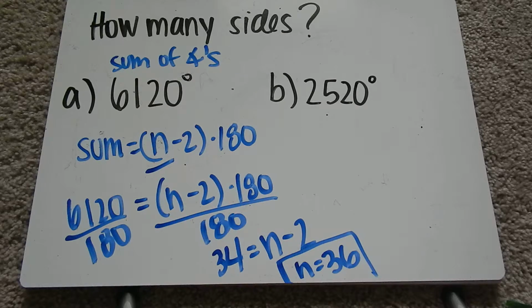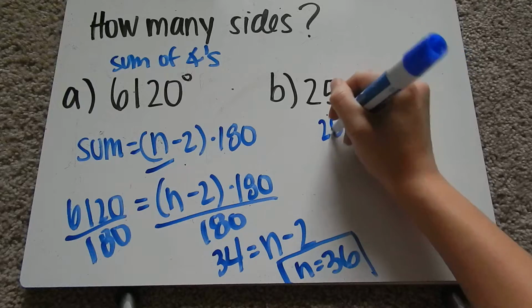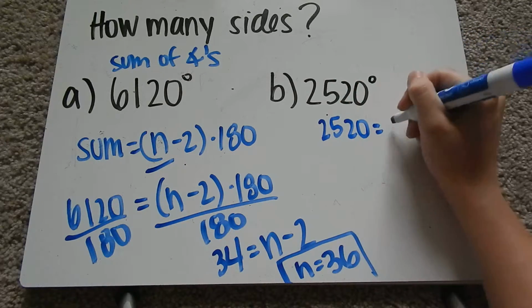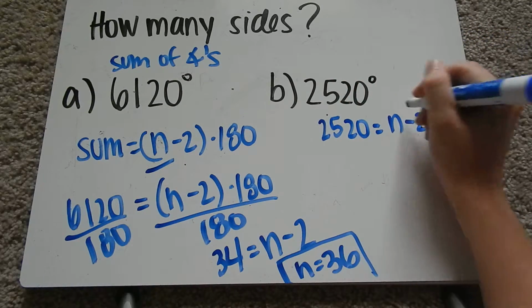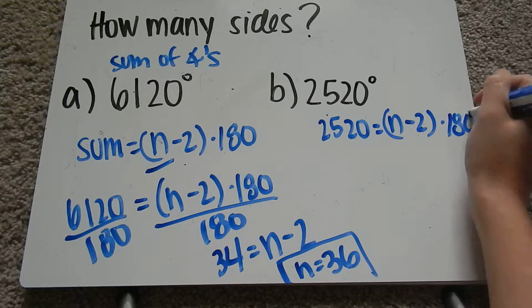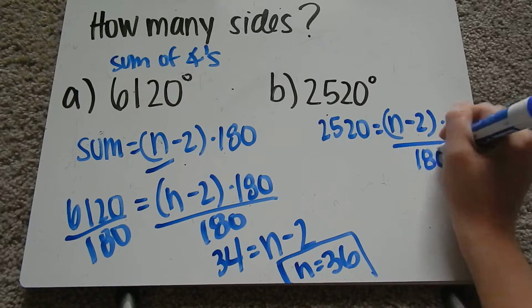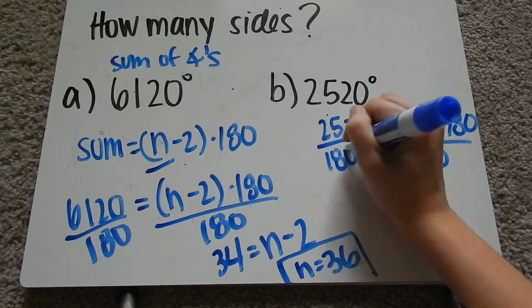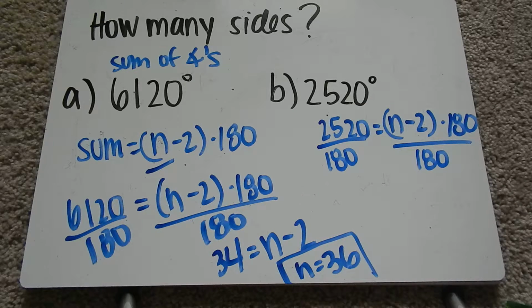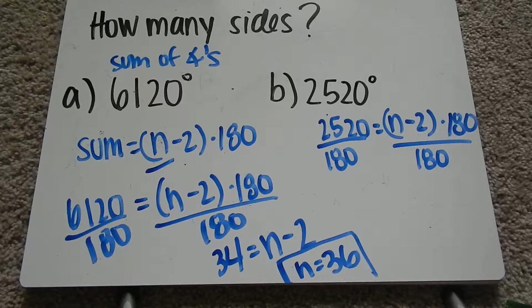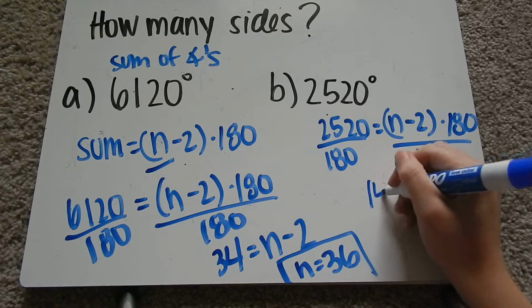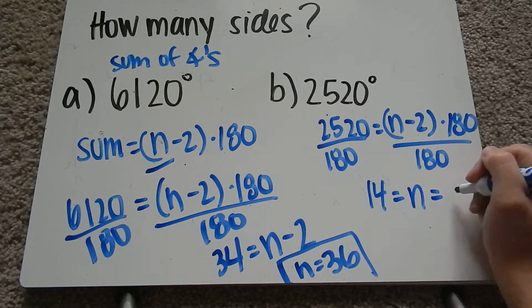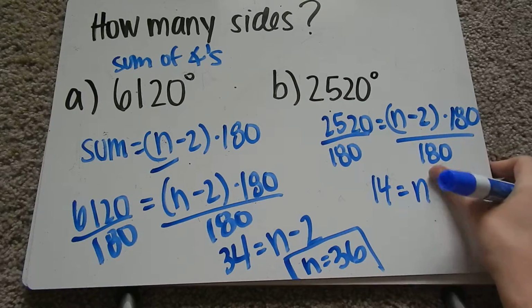Let's do the same thing with B. So 2,520 equals n minus 2 times 180. We'll divide both sides by 180. 2,520 divided by 180 gets me 14. 14 equals n minus 2.